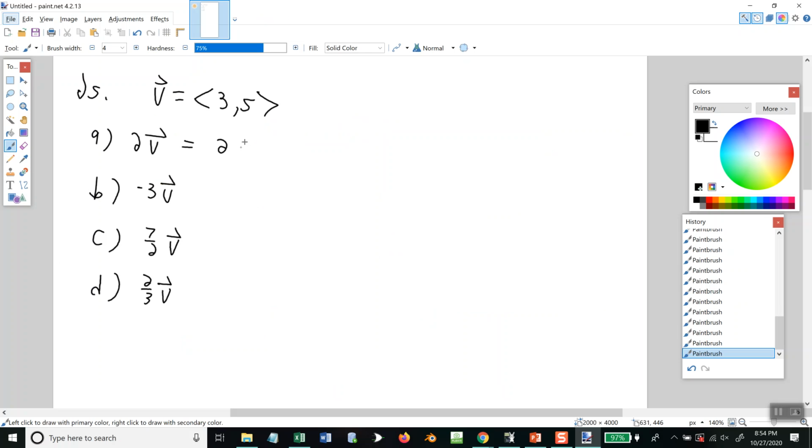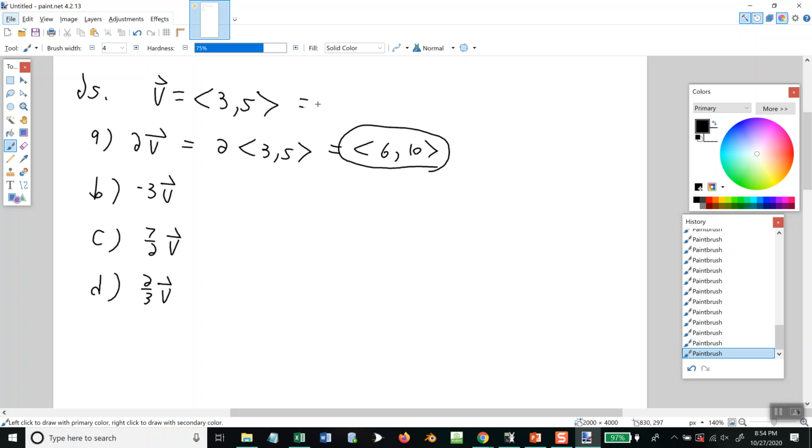Well, you just replace your vector notation with the actual vector, 3, 5, and then you multiply the number through. 2 times 3 is 6. 2 times 5 is 10. And that'd be my answer.